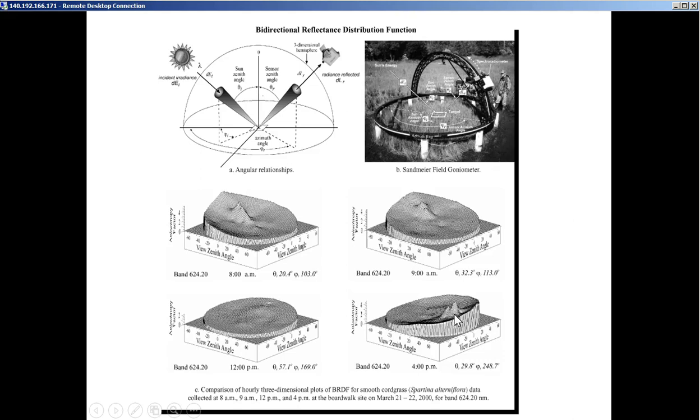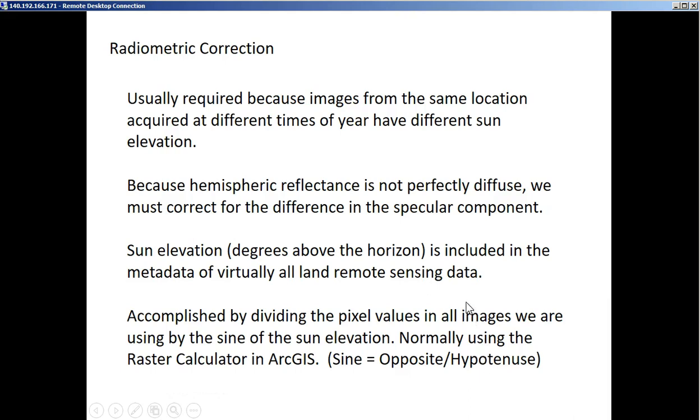So you're going to see more of a difference, like a change from this to something more like this at our latitude, right?